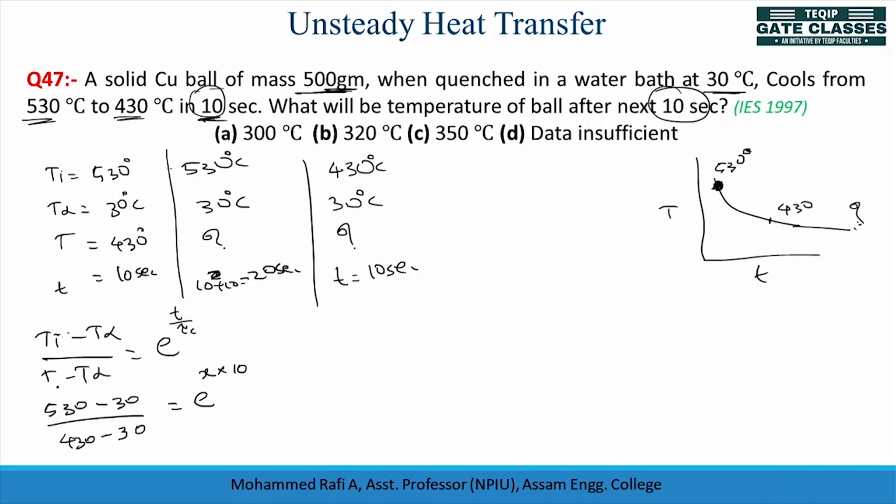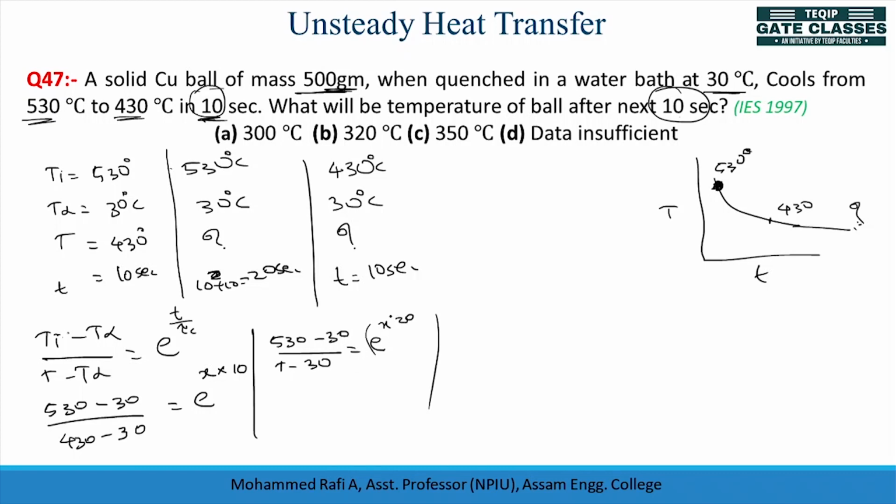Okay, so this is an expression like this. Similarly, in this case, if I substitute the same thing, (Ti minus T infinity), 530 minus 30, divided by (T minus T infinity), where T I don't know, (T minus 30), equals e to the power x into the time, which is 20.